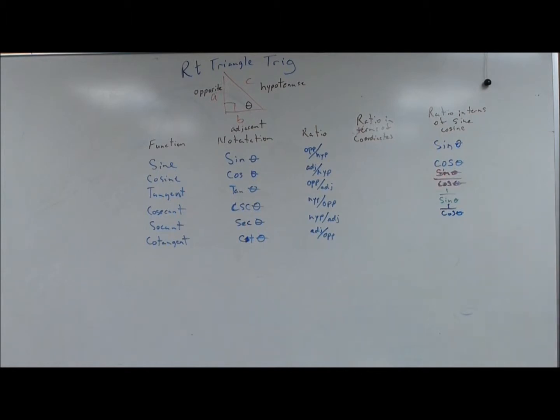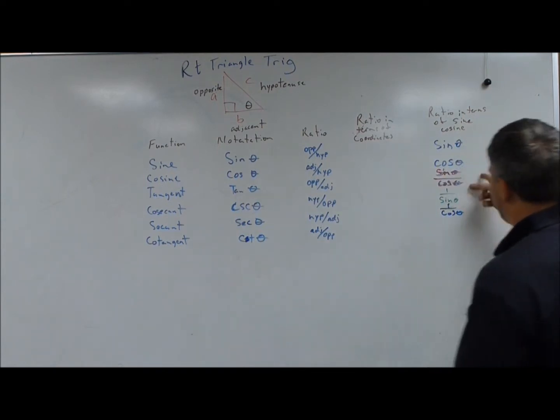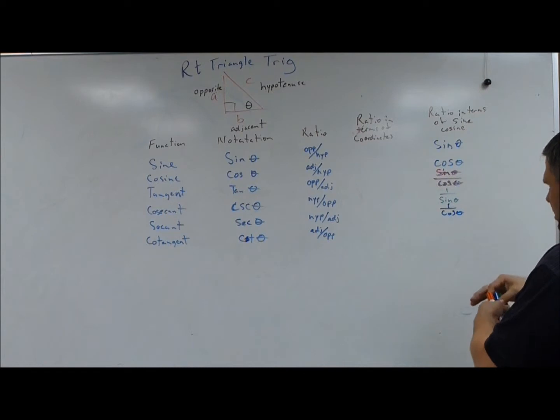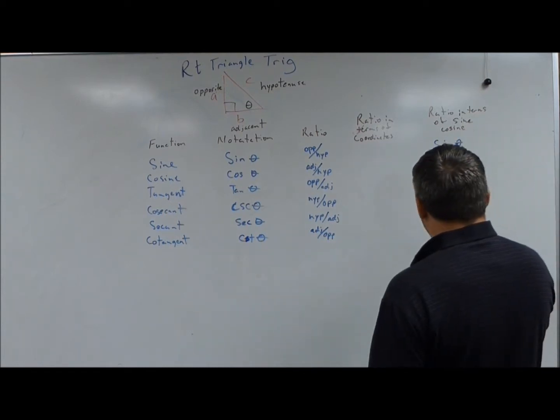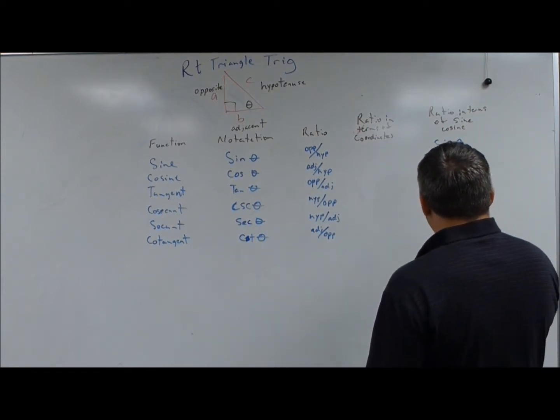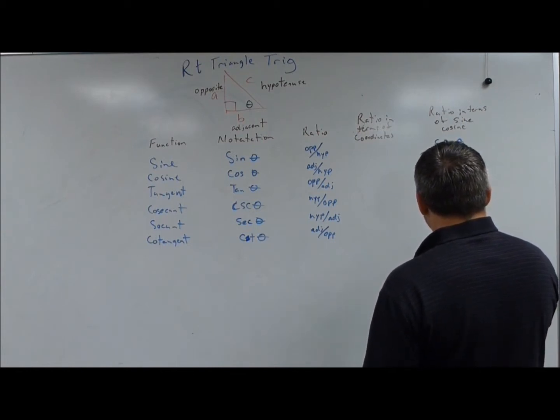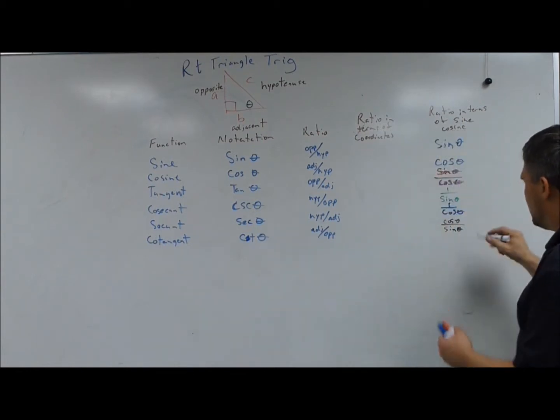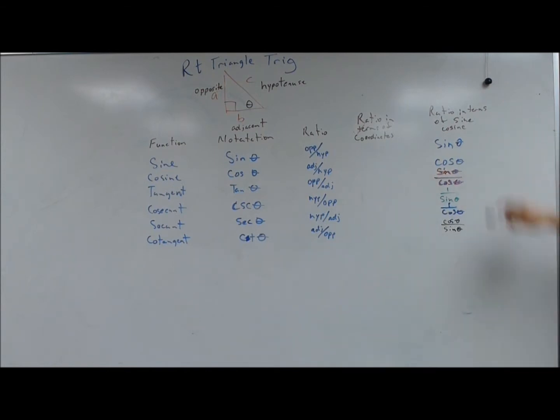And then cotangent is obviously just the flip of this, right? So it's just cosine theta over sine theta. Okay? So those are some trig identities that you're going to need to know.